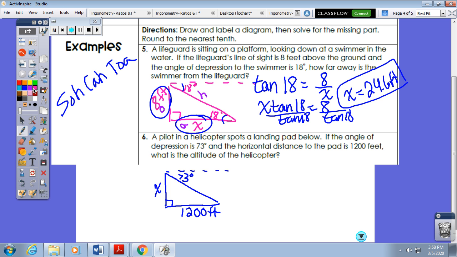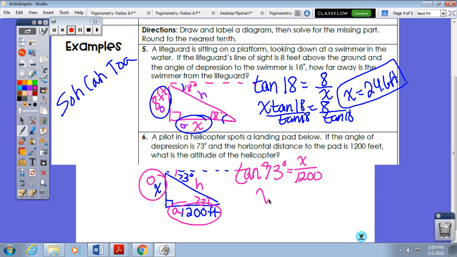Okay, so again, this can get moved in here. This is 73 degrees. Opposite, adjacent, hypotenuse, which means we're looking at tan again here. So tangent of 73 degrees is equal to x over 1,200.